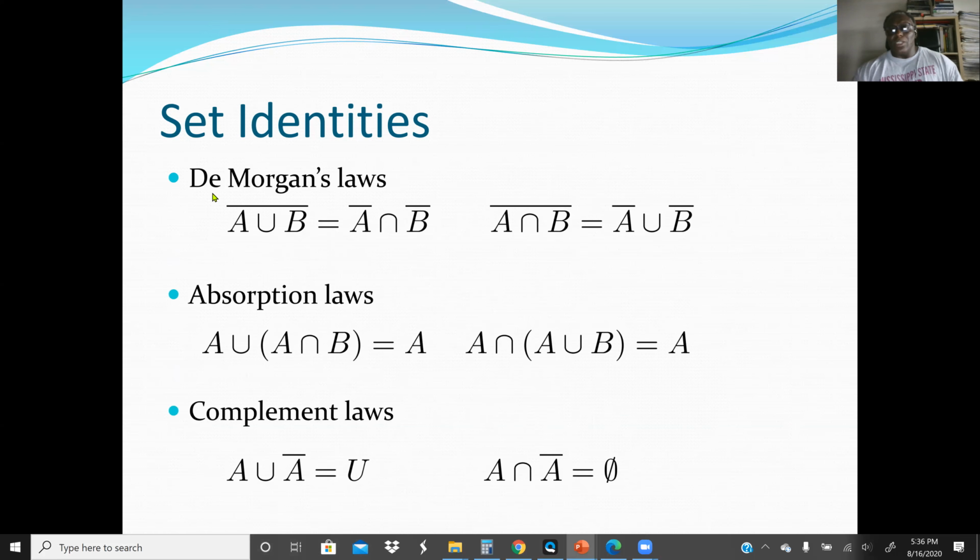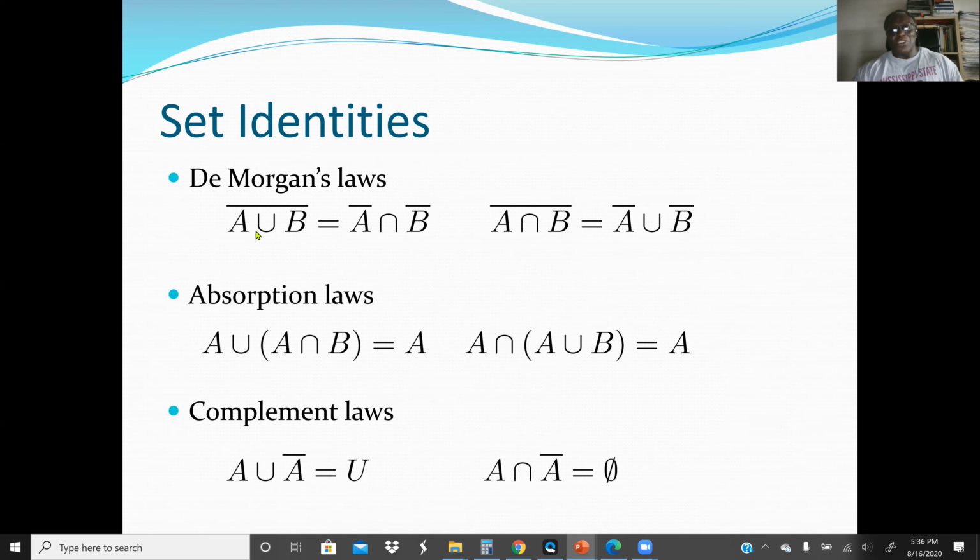And also we use De Morgan's laws in Boolean algebra, the same rules. So De Morgan's law says that if we complement everything, the complement of a union is an intersection, and the complement of an intersection is a union.